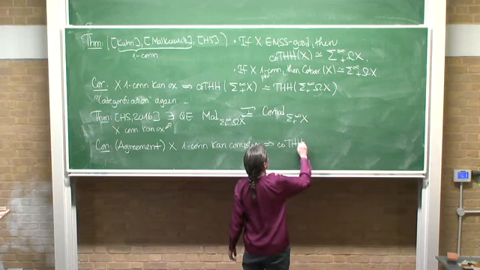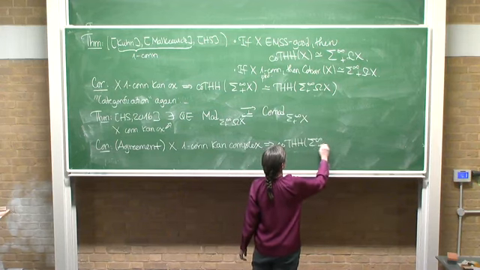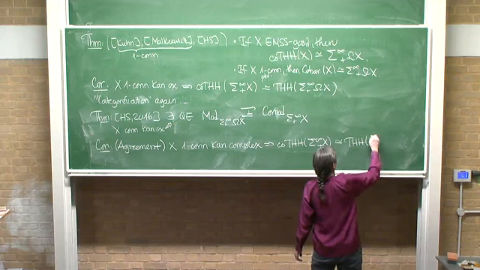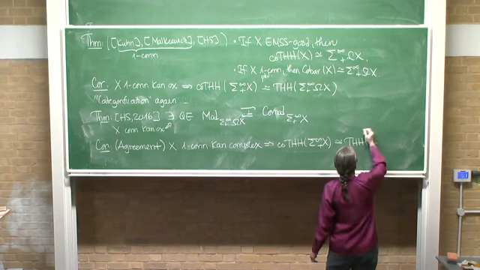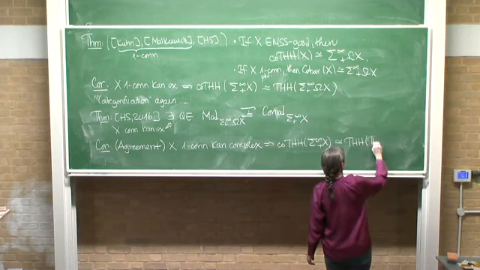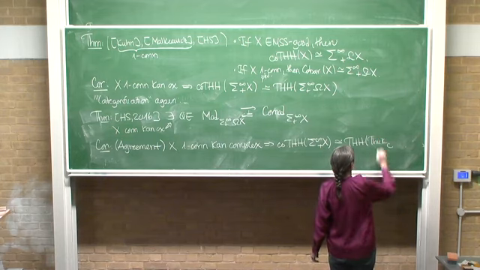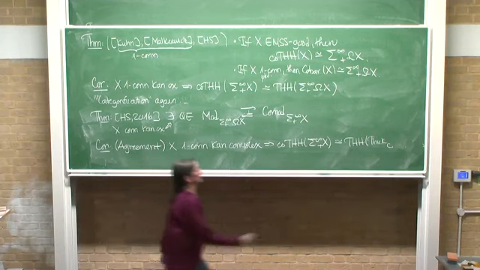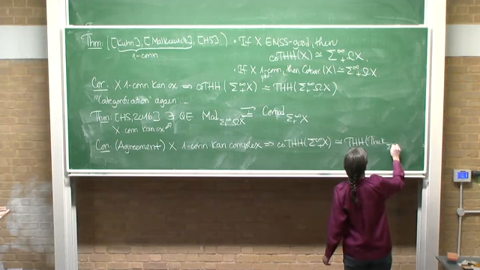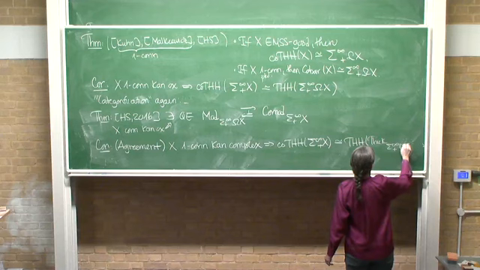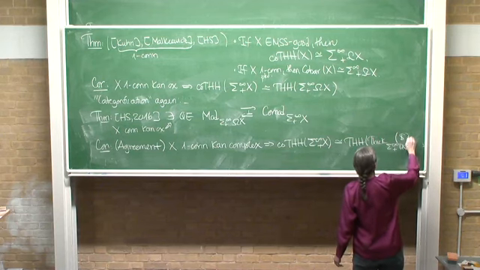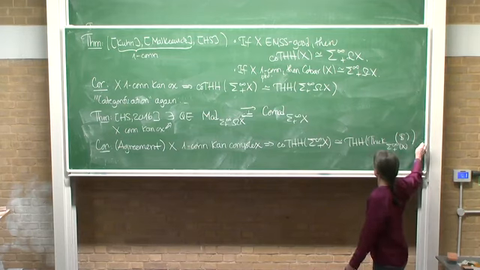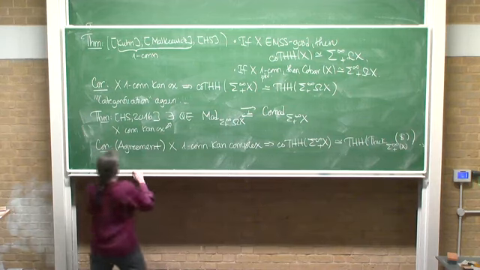CoTHH of the suspension spectrum of X is equivalent to THH of the category of comodules, the subcategory of comodules generated not by the sphere spectrum, but by the coalgebra itself, the suspension spectrum of X. So, how does this work?